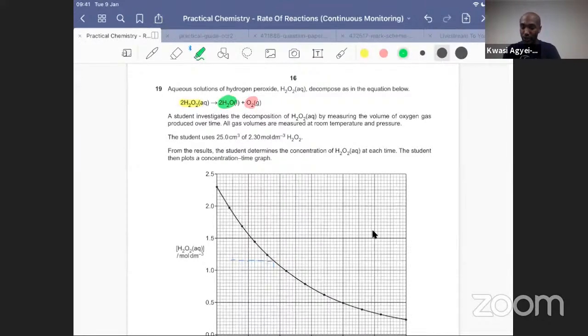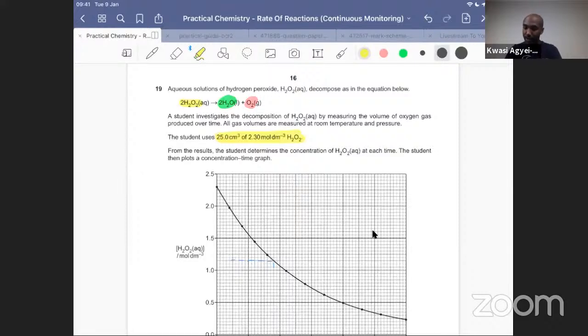The student uses 25 centimeters cubed of 2.3 mole per decimeter cubed hydrogen peroxide. That allows us to work out how many moles of hydrogen peroxide we've got at the very beginning, which is important to note.